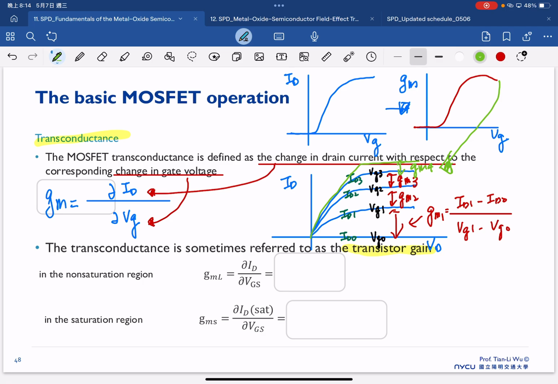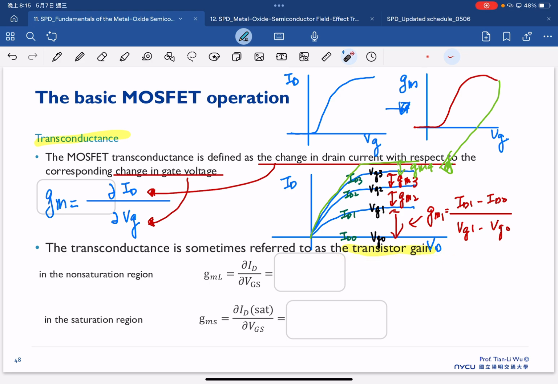And this is very important for device and circuit operation, because we always want to operate in the region that has a very high gain. So we want to bias at this region, because that gives us the largest gain for this transistor under operation. That's why this is referred to as the transistor gain. So the transconductance, to be honest, is not a new concept.